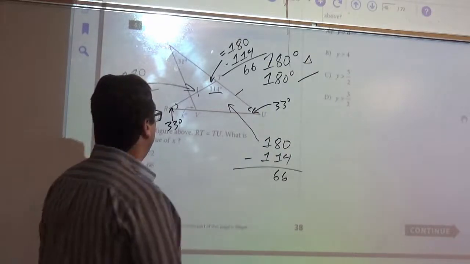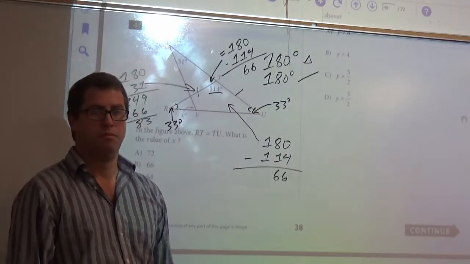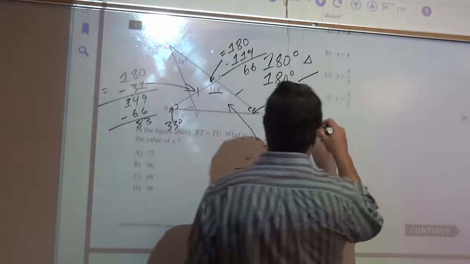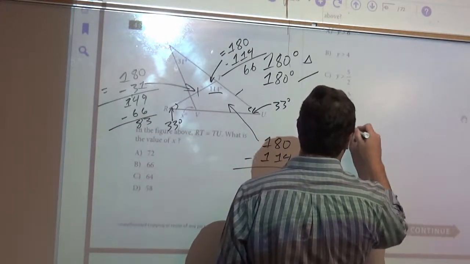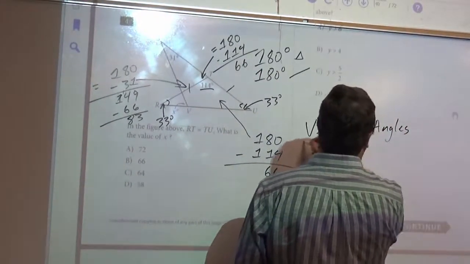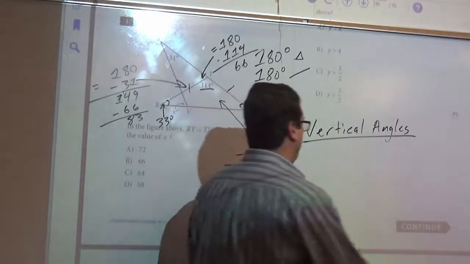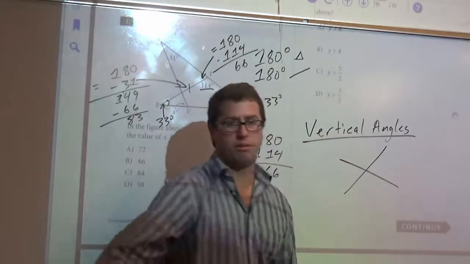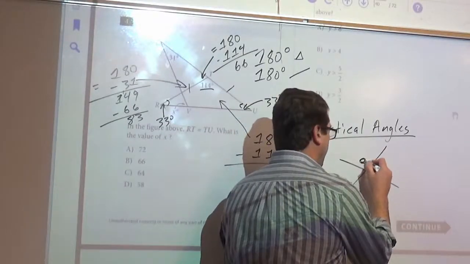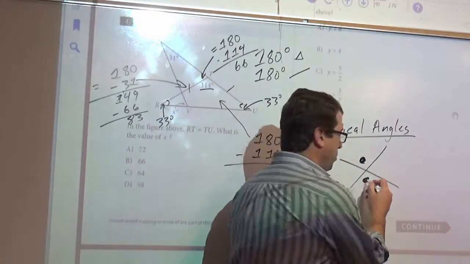Another thing that we need to know for this. Vertical angles. It just means I have two lines that cross. My two lines that cross, this side is going to be equal to this side.